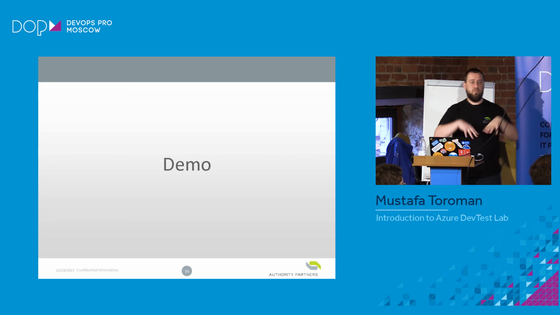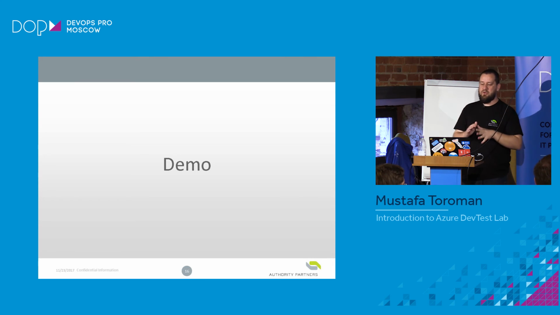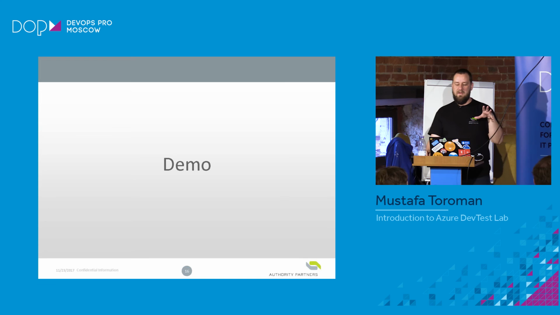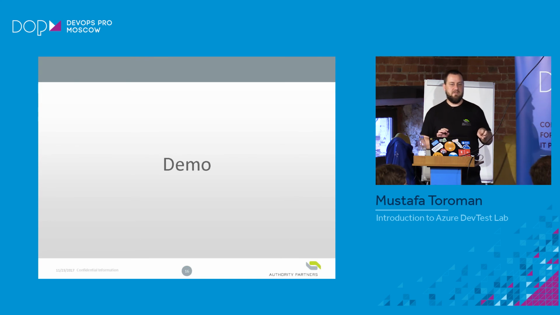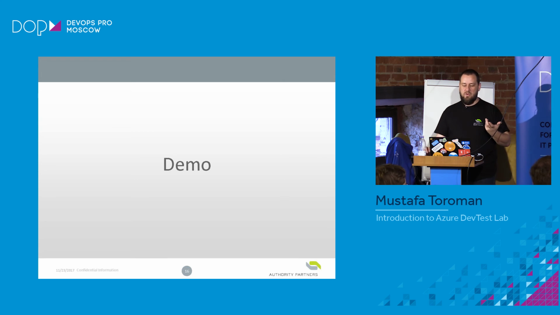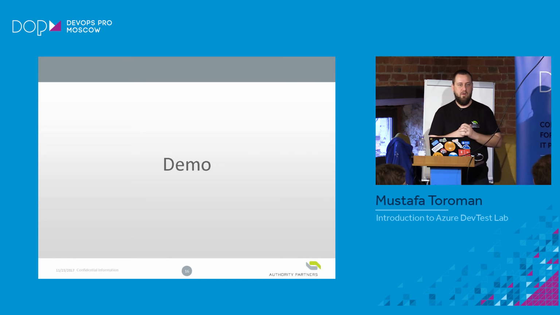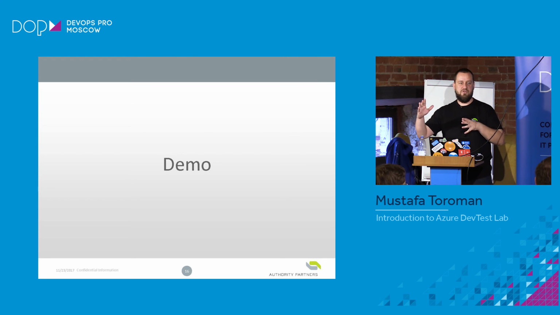So the total number of users we give access to this DevTest lab are going to be able to have only 10 virtual machines in total, and they're going to be able to create only 2 premium OS disks. So if we have 10 developers and everyone can create 2 virtual machines, for example, the first users that create those virtual machines are going to be okay with it.